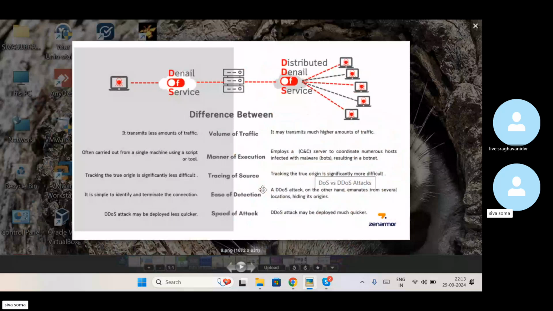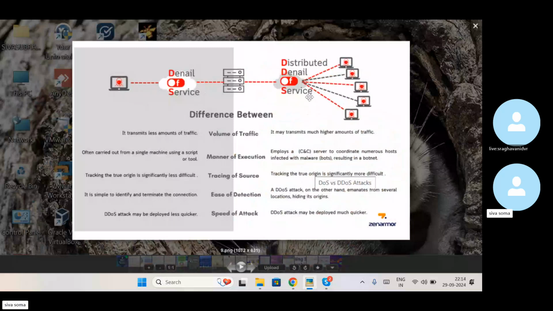This is the difference between DoS and DDoS. DoS means denial of service, from one system to one server. Distributed DoS is called DDoS, which means attacks from multiple systems to one server. The volume of traffic is higher than DoS, which uses only a single machine.